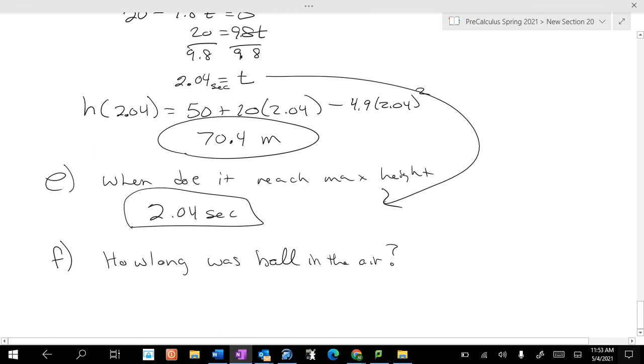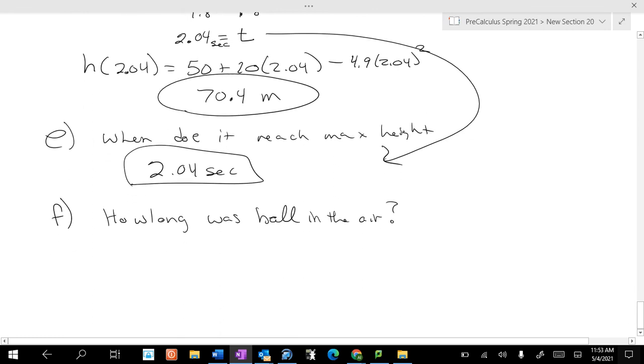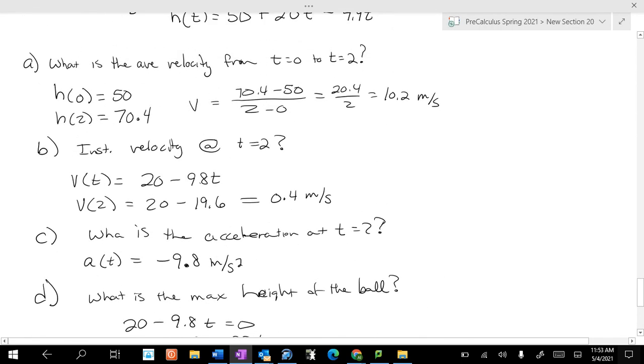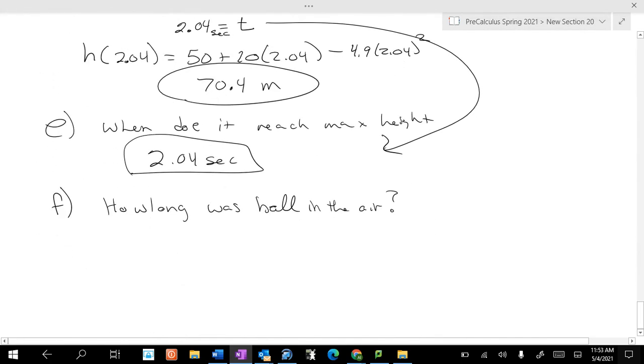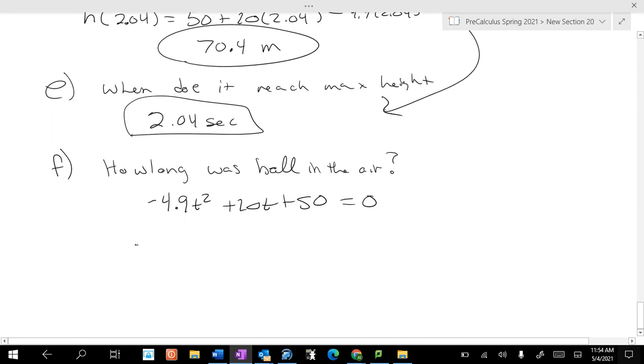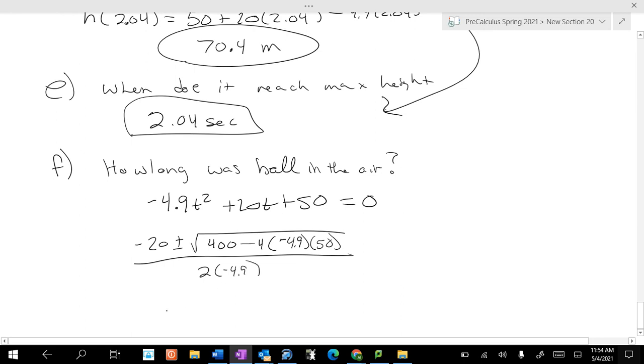Set the height function equal to 0. So I'm going to change the order. I'm going to go negative 4.9t squared plus 20t plus 50 equals 0. I know that this isn't going to factor. There's just no way. So you go negative b plus or minus the square root of b squared minus 4ac all over 2a. And you just do the math.